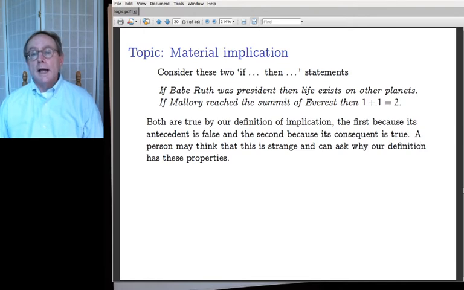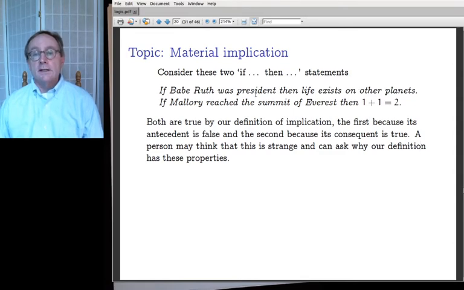So what we're looking at here is an implication statement with a false antecedent. And I don't know, does life exist on other planets? So a false antecedent, and here the antecedent, I don't know, but the consequent is true. Both of those, if you look at the definition of implication, evaluate to true. F arrows T evaluates to true, so does F arrows F, and T arrows T evaluates to true.